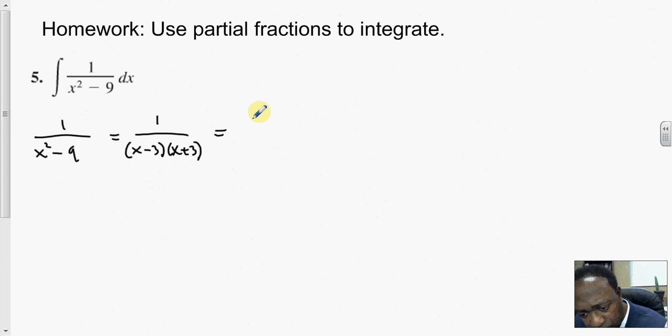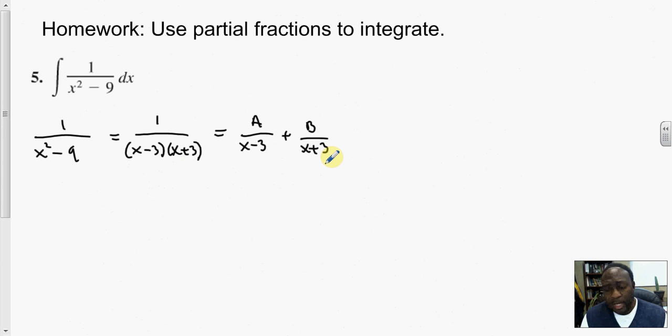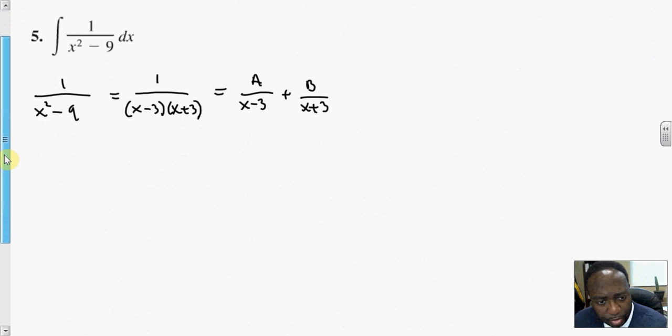You want to form some generic term A over x minus 3 plus B over the other term in our denominator, x plus 3. Once we find A and B, then we integrate these partial sums to get the result for the integral.